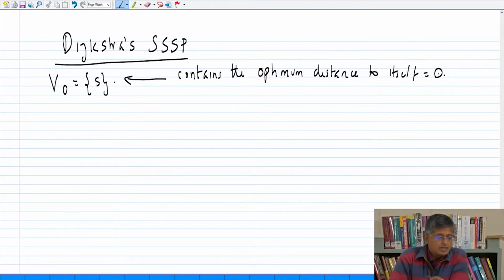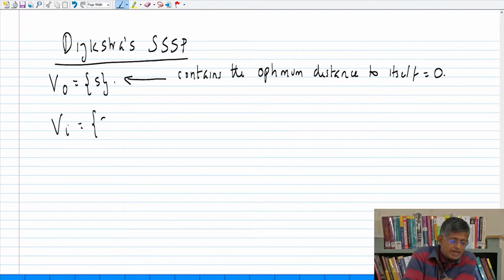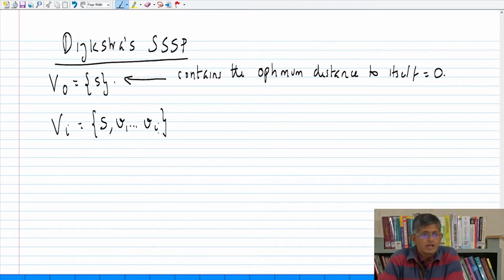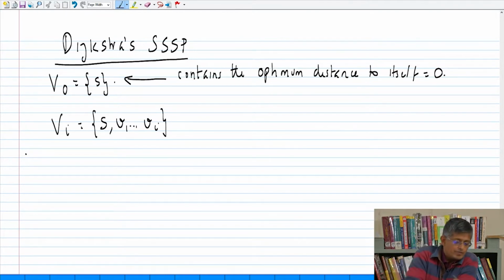At any iteration you have I and you have S and some vertices, let me say V1, V2, to Vi, and the nice property is that you have found the distances from S to every other vertex, and you have kept a shortest path. Fine. So now what do we do? The first step is to update.